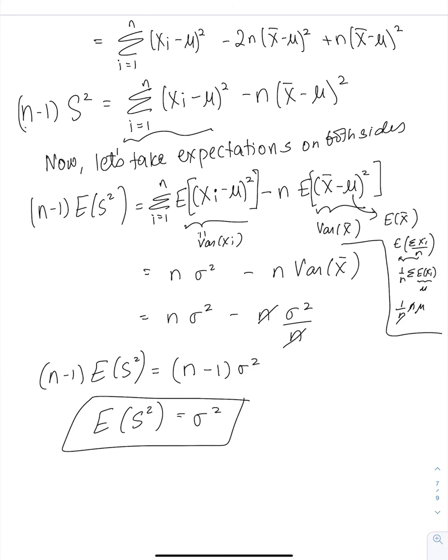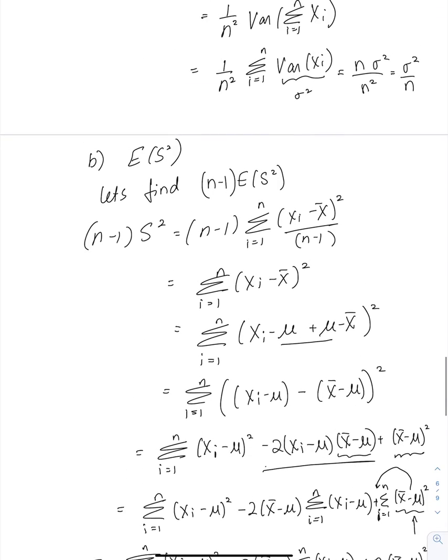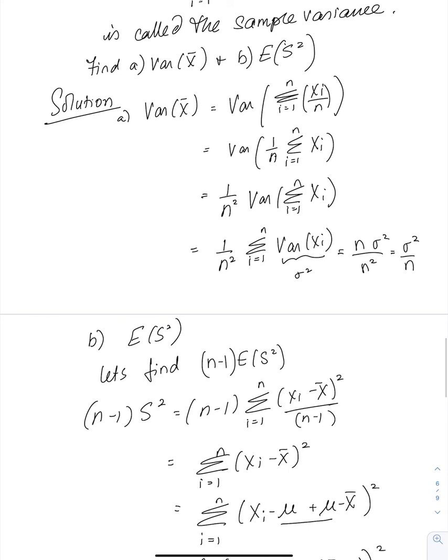All right, so you would see this a lot as the sample variance and the sample mean. You see it a lot when you're looking at data and trying to figure out how the data is distributed and so on.